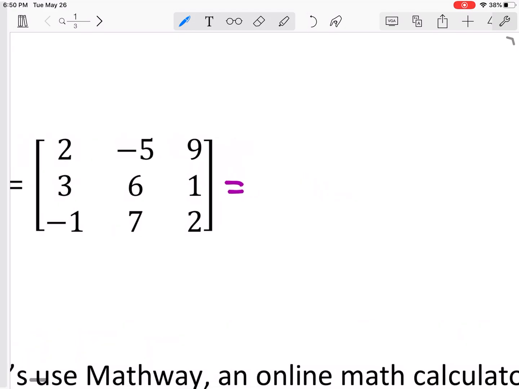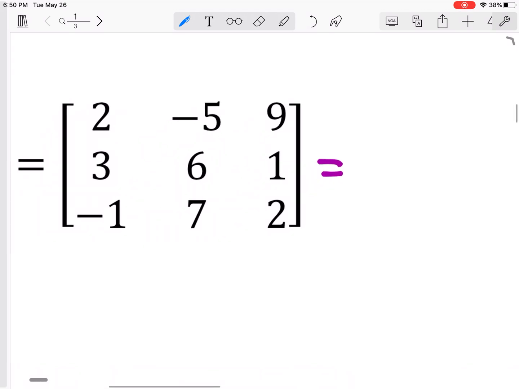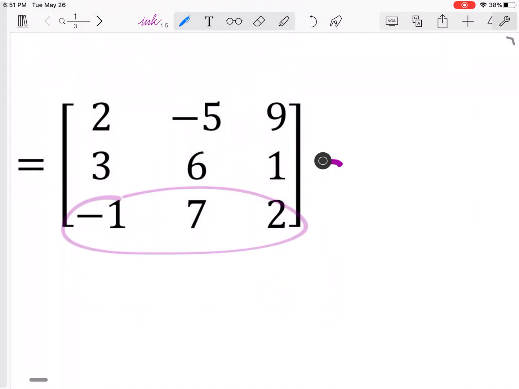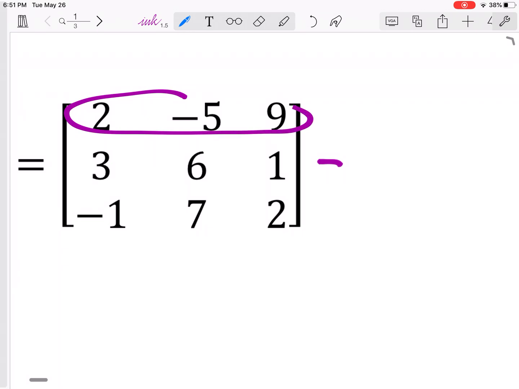Alright, so when we're calculating the determinant of a 3 by 3 or larger matrix, what we have to do is take any row we want. You could look at the second row. You could look at the third row. Most of the time I look at the first row, unless there are a bunch of zeros in another row. That is a whole other case. But I'm going to look at the top row.